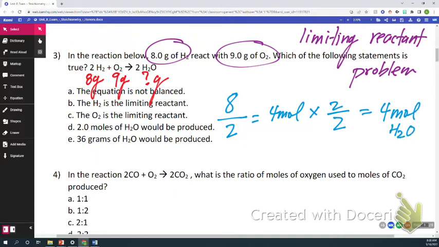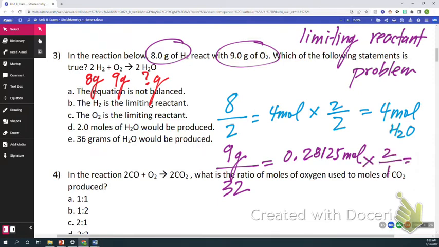Right? Now, separately, do the other one. 9 grams divided by, this is 2 waters, so 32 is the molar mass. That gives 0.28125 moles. And the ratio is 2 over 1 to get to water.